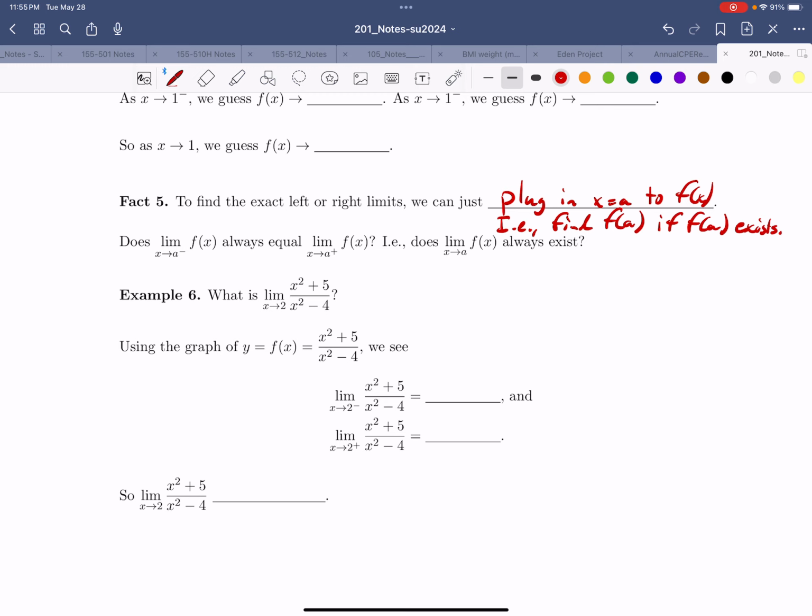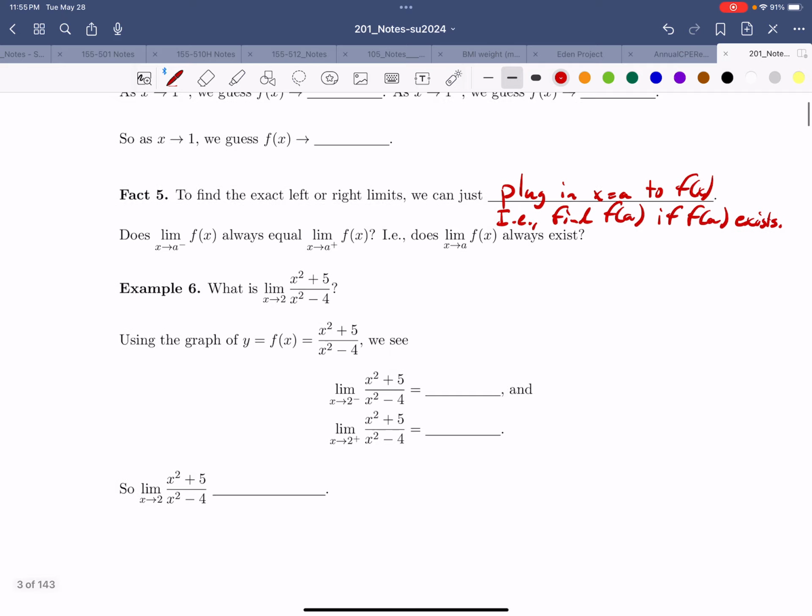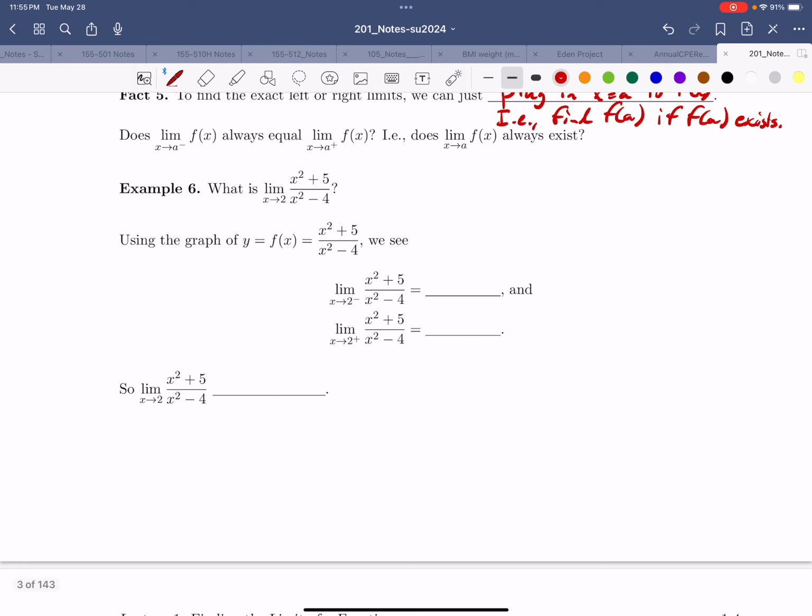And so then that begs the question, does that always work? Well, what if we tried, for example, 2? If we just plug it in, then we get 2 squared plus 5 over 2 squared minus 4, and that's going to equal 9 over 0. No good.